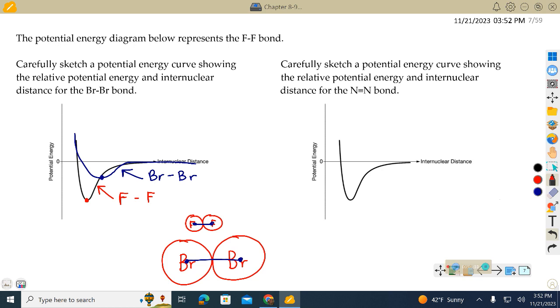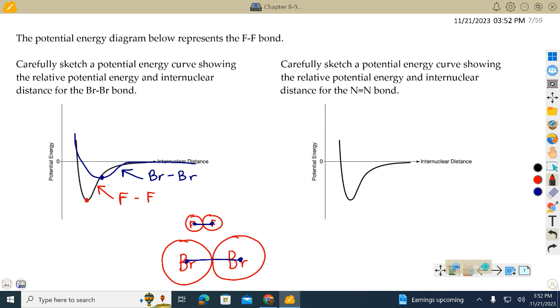So that low point should be farther to the right. But I also know that it would take less energy to break this bond. The atoms are bigger, and so they're going to be a little further from each other. And so I want it to be at a little higher potential energy level. Less energy would be released when the bond formed. Less energy needed to break the bond.